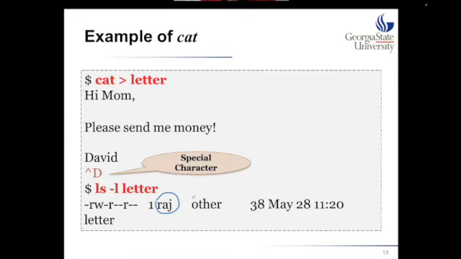And in which group does this owner belong? Other group. And how many bytes are there in the file? 38 bytes. When this file was modified, this. And then it is showing you the name of the file. So it is actually showing you the details of the file, right? Okay, so let's move to the next one.